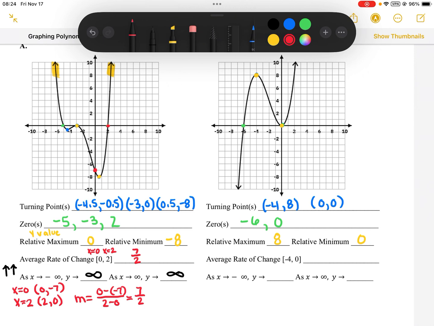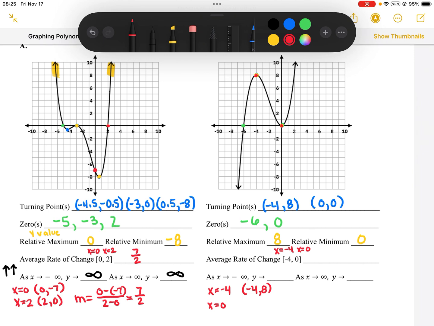Now my average rate of change this time is from -4 to 0. Again, those are my x values, so x equals -4 and x equals 0. I need to go find those ordered pairs and find the slope between them. For x equals -4, it's going to be this point right here, so that's -4, 8.